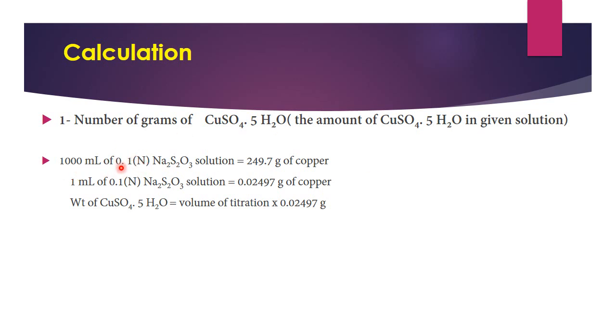We consider that 1000 mL of 0.1 normal Na2S2O3 is equivalent to 249.7 grams of copper. In the standard case, we can say that each 1 mL of 0.1 normal Na2S2O3 solution is equivalent to 0.02497 grams of copper. Each mL of standard solution of known concentration is equivalent to that many grams of the substance being titrated, whose concentration or amount we want to find in the given solution.